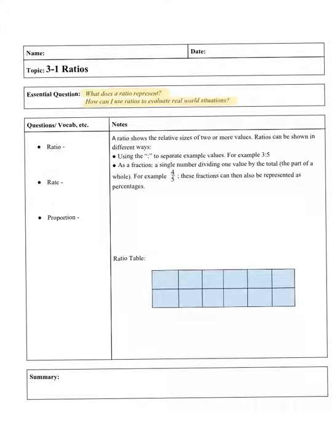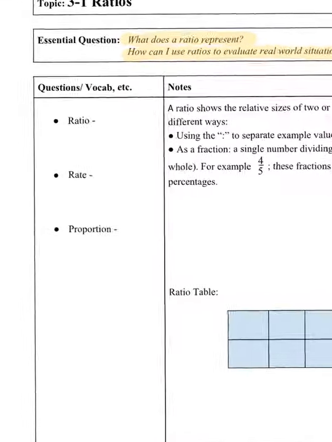So comparing boys to girls, college graduates to non-college graduates, people who drive versus people who don't. Lots of things in the news that are actually ratios and comparisons of two things. So let's do some vocabulary first.